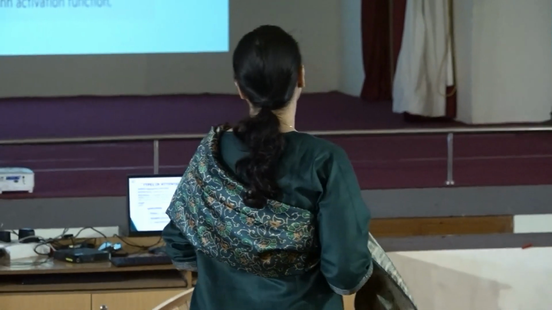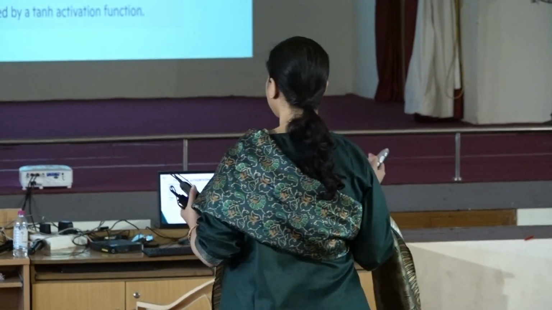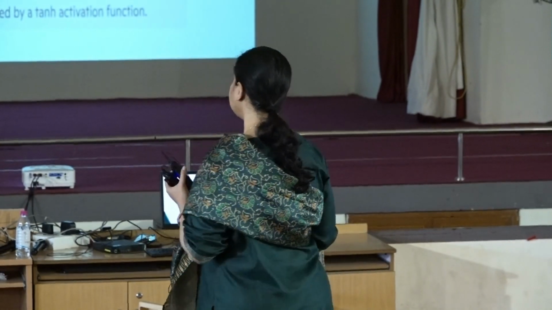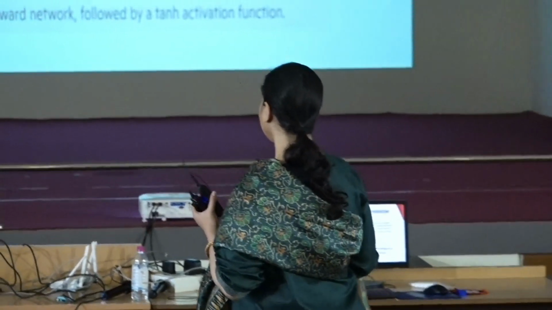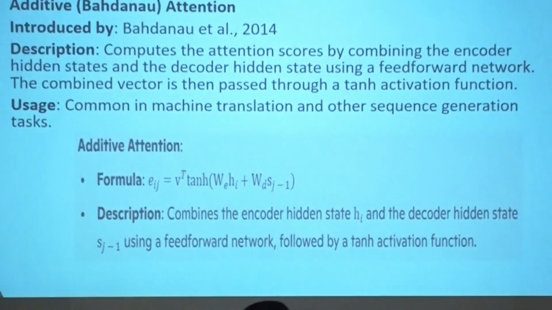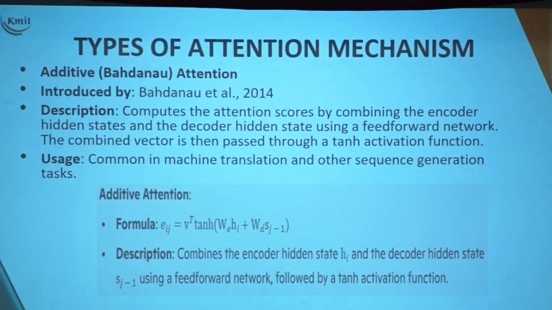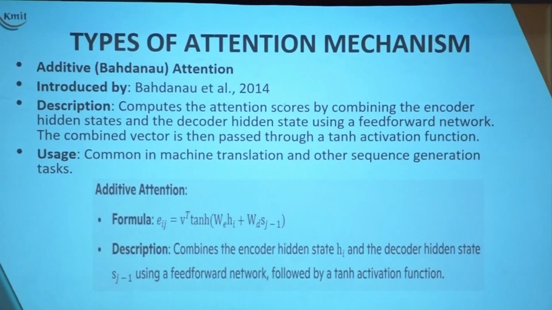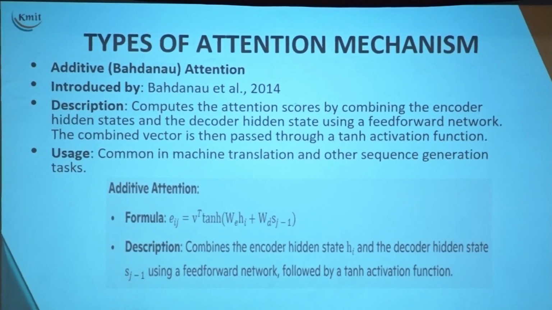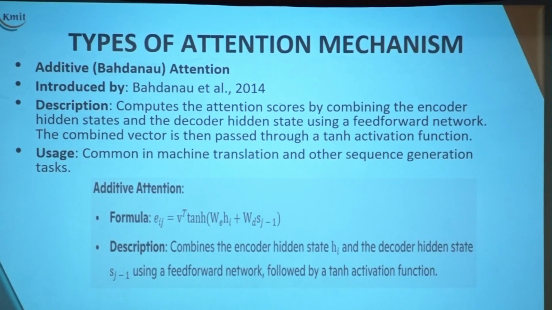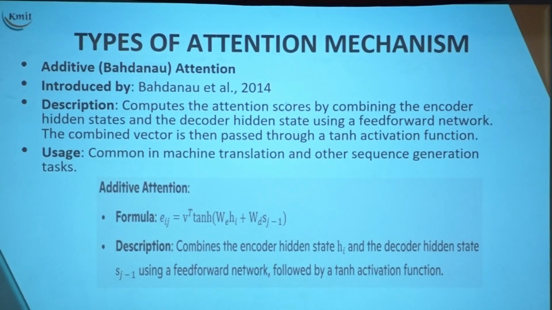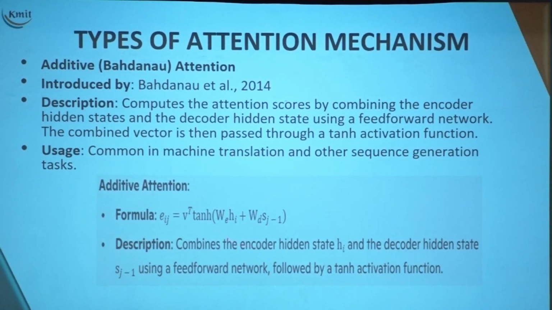It was introduced in the year 2014 and it computes the attention score by combining the hidden states in the encoder and the decoder using a feed-forward network. Apart from the addition of these hidden states, a linear combination of these hidden states, it will also use an activation function like tanh. The mathematical formula is given here. This was the very first type, additive attention.